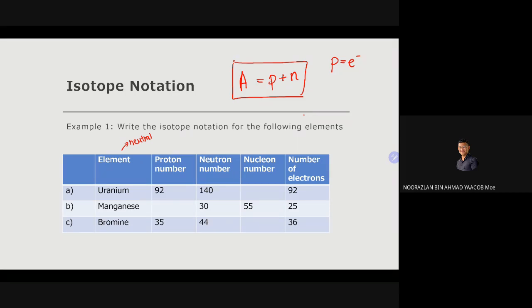What is A just now? Okay, so A is the nuclear number.